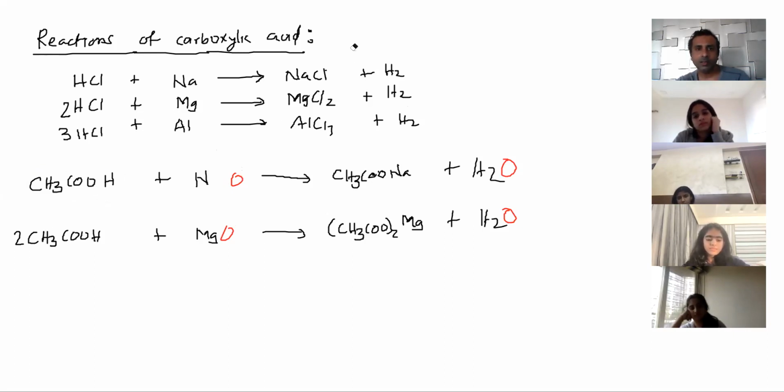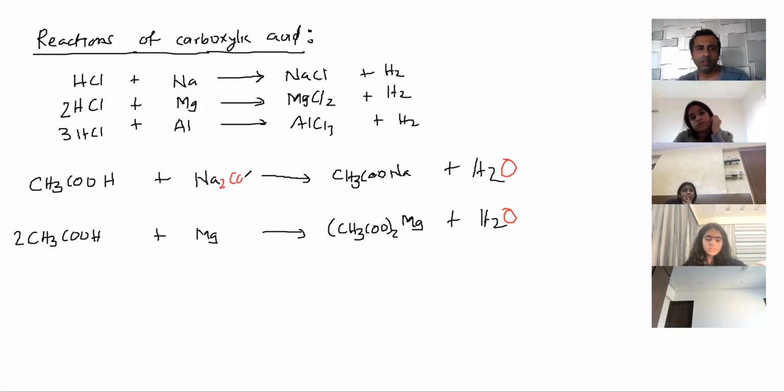Similarly, if it's sodium hydroxide and magnesium hydroxide, then still the product will be water. And if the reactant is sodium carbonate or magnesium carbonate, carbon dioxide and water. So the additional product will be carbon dioxide.